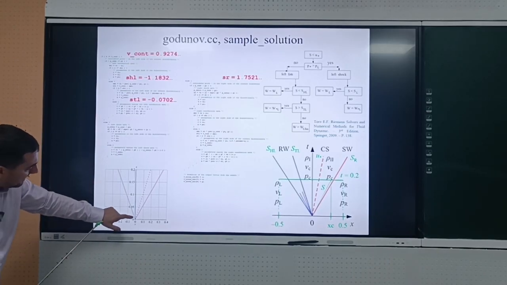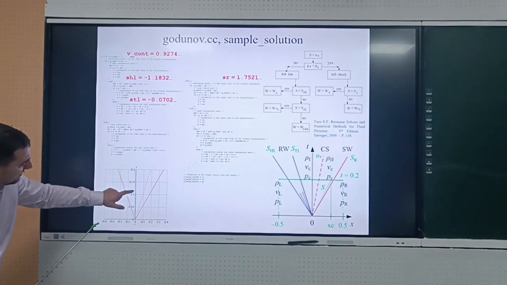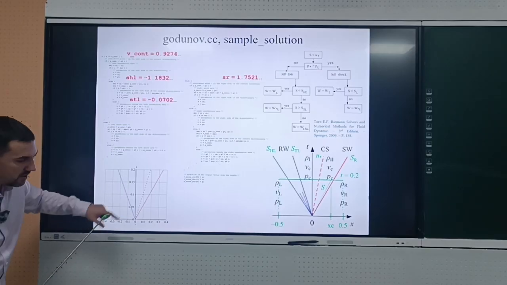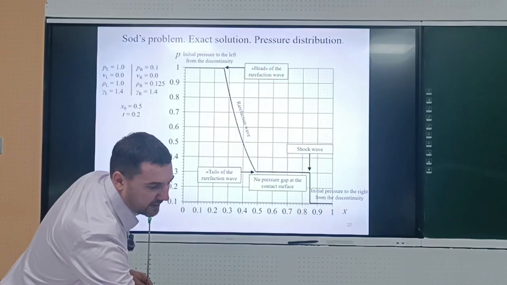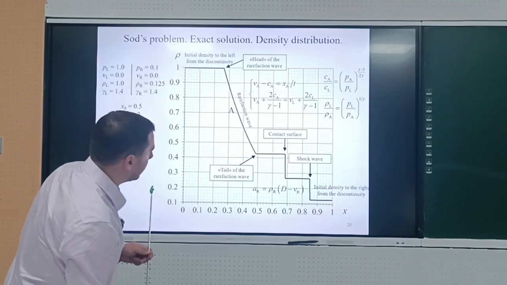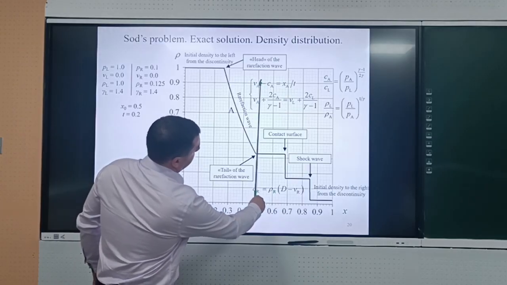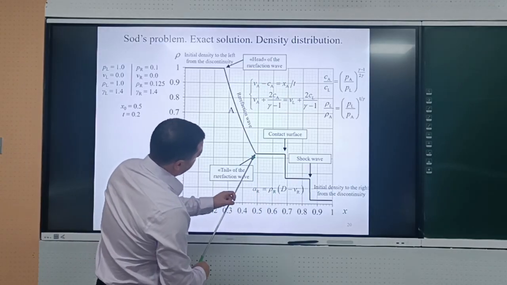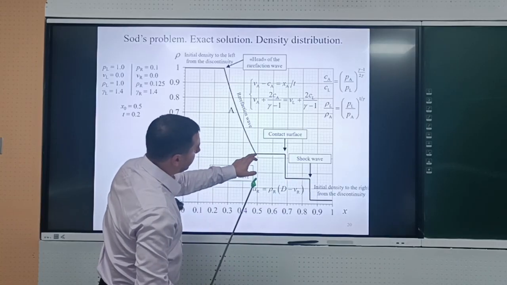But you can see that the tail of the refraction wave propagates in such a manner that it's almost 0. So if you look at the profiles, for example here, 0.5 is the initial position of the discontinuity, and you can see that this point corresponding to the tail moves very slowly, so it's almost at the same point.